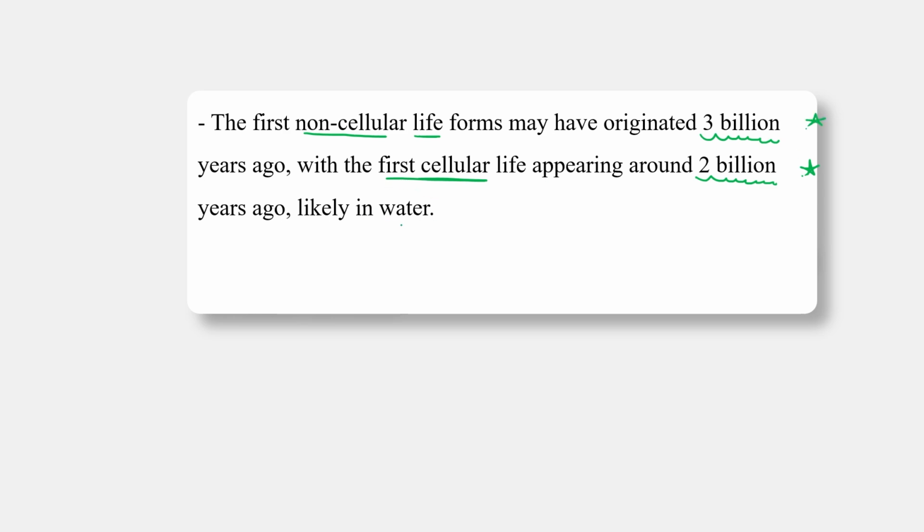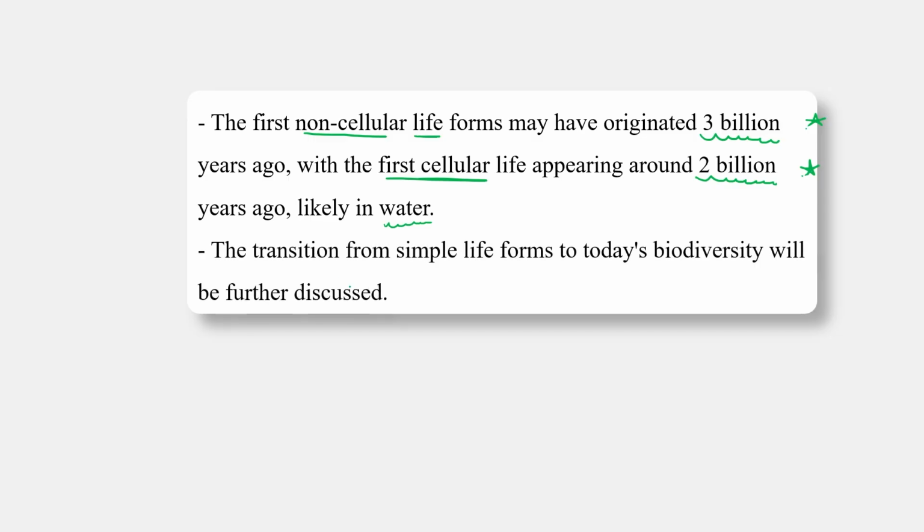That's why even now various institutes like NASA and ISRO search for the presence of water on various planets like the moon or Mars, because life first appeared in the water only. So the transition from simple life forms to today's biodiversity will be further discussed.